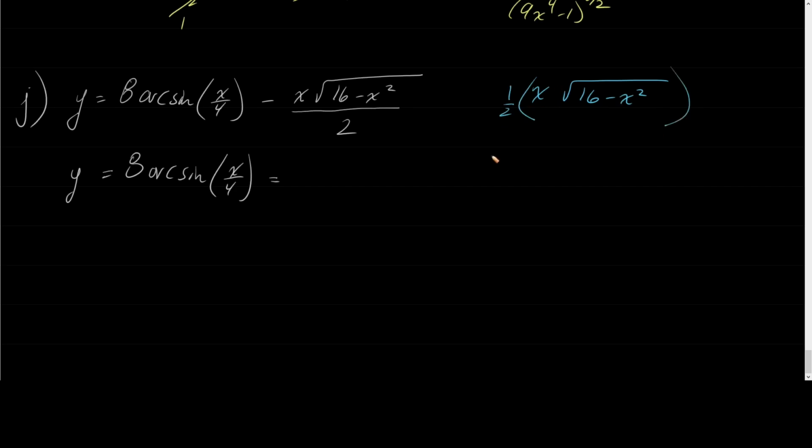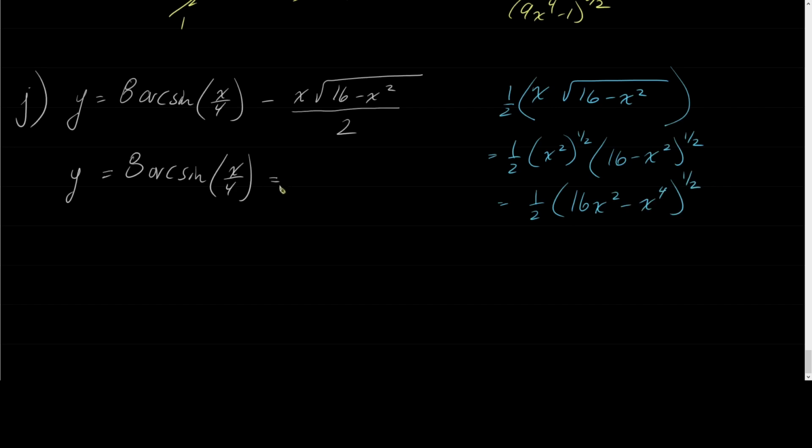Now let's look at this x. x is the same thing as saying the square root of x squared. Otherwise, I could think of it also as x squared to the 1/2. And over here I have 16 minus x squared to the 1/2. And now that these are both to the 1/2, I can throw that inside there. So when we do that, what do we get? I end up with this 1/2 still out here, but I end up with 16x squared minus x to the 4th, and all of this to the 1/2.